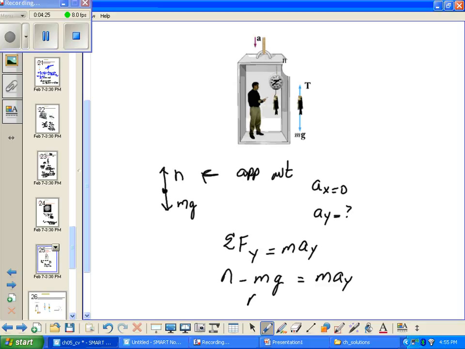And let's go ahead and just solve that for N: N equals mg plus ma sub y. And let's use this expression to determine the normal force in each of the cases that has been given to us with the different values of a sub y.